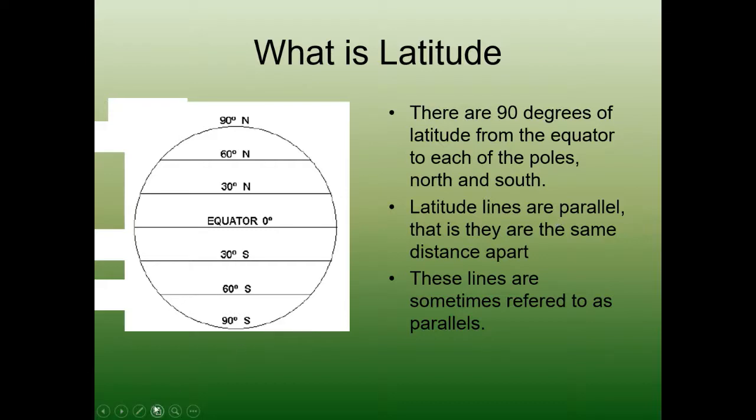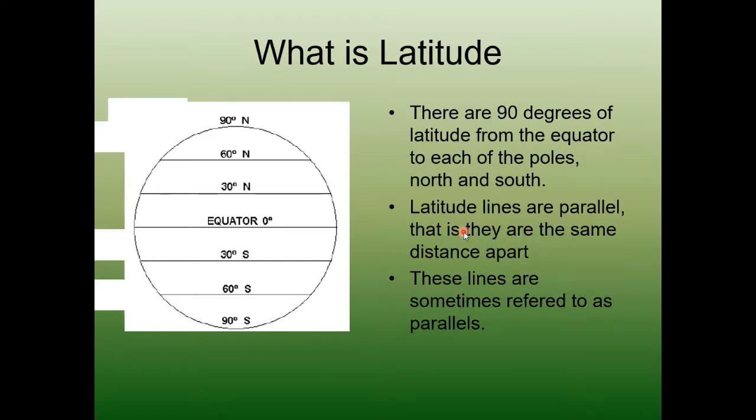Latitude lines are also called parallels because, as you can see, they're parallel to one another. Lines of longitude are not parallel because they meet at the north and the south poles. So if you hear somebody say lines of latitude or a parallel of latitude, it means the same thing.